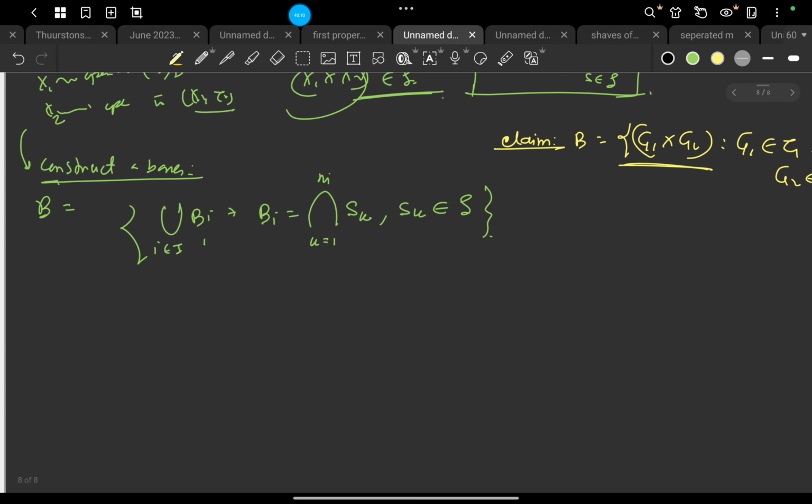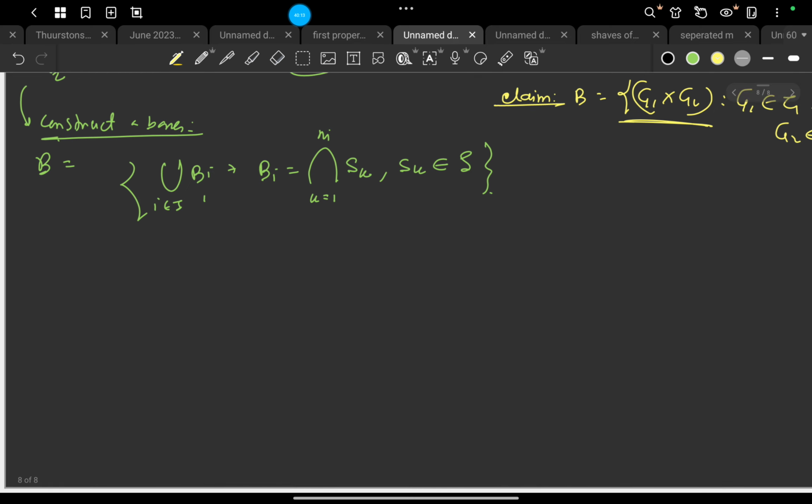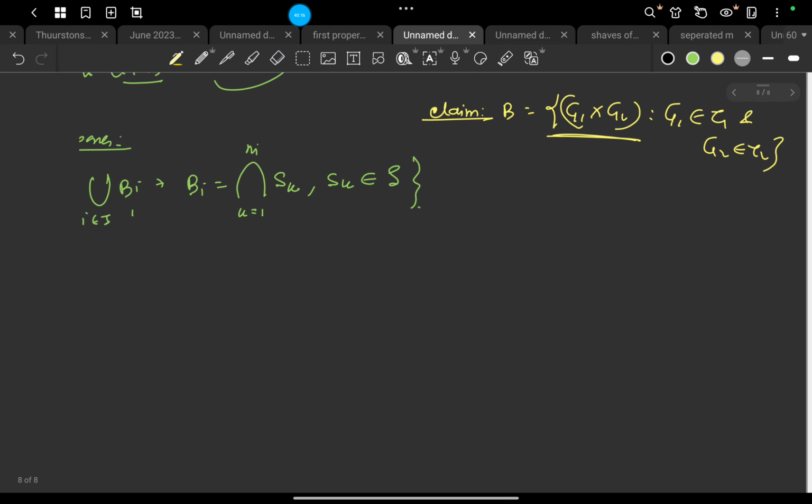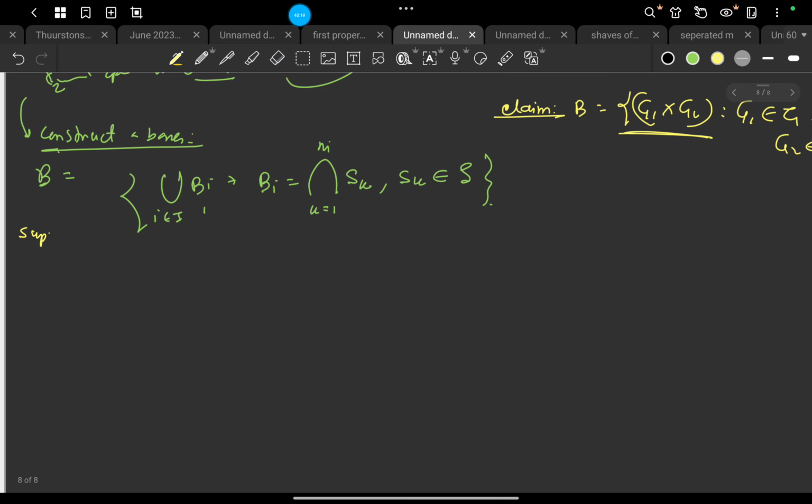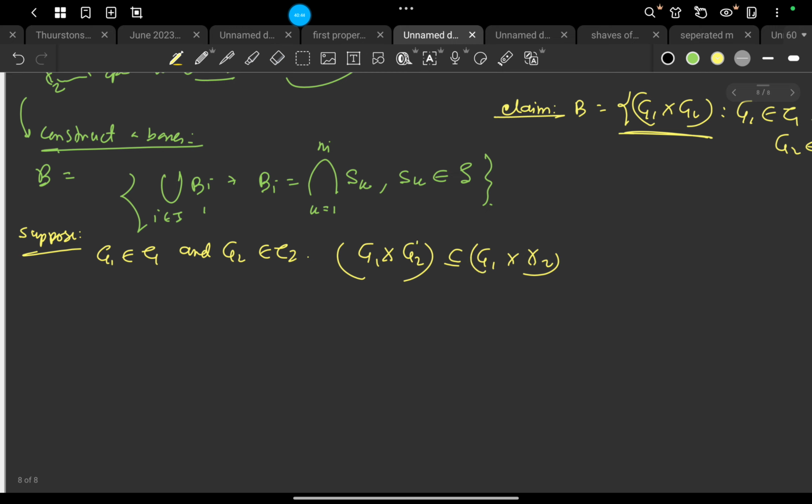So let us prove it. Suppose we have G1 belongs to tau 1 and G2 belongs to tau 2. Then G1 cross G2 is a subset of G1 cross X2, because G2 is a subset of X2, as well as a subset of X1 cross G2, because G1 is a subset of X1.